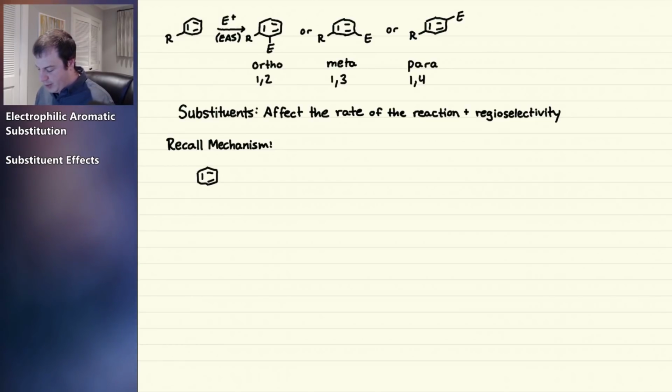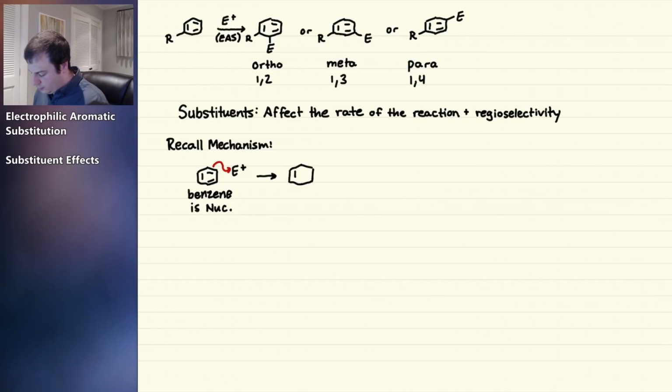And remember that the benzene is nucleophilic, weakly nucleophilic, but it is nucleophilic. And then we're going to add a really strong electrophile. The benzene will attack the electrophile, and that's going to form the carbocation intermediate. Okay, so that's the first step of every EAS reaction.